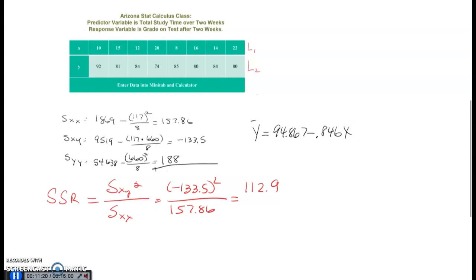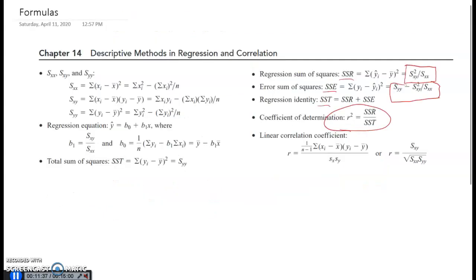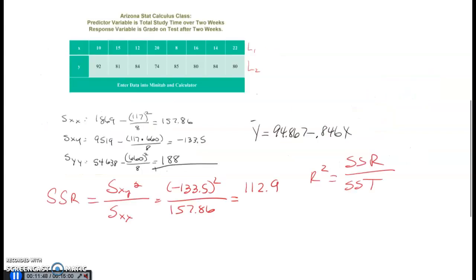Now, remember, r squared is the regression sum of squares over the total sum of squares. What part of the total can actually be explained by the regression? That's the percent we're looking for. So go back to the formula. SST is simply S of YY, which is 188.